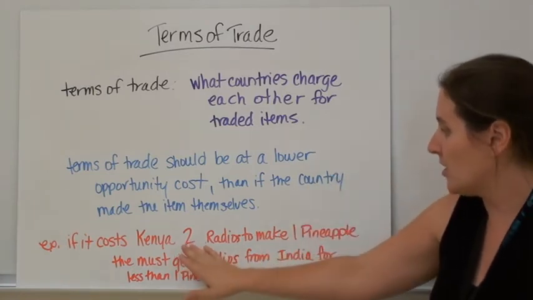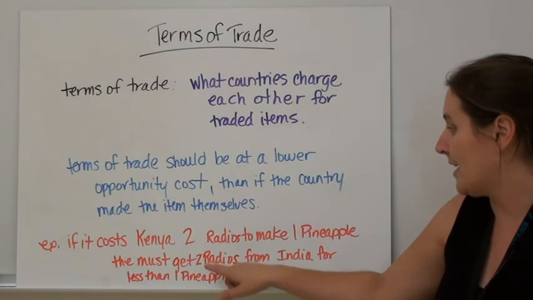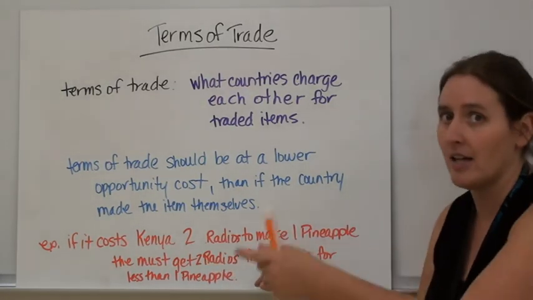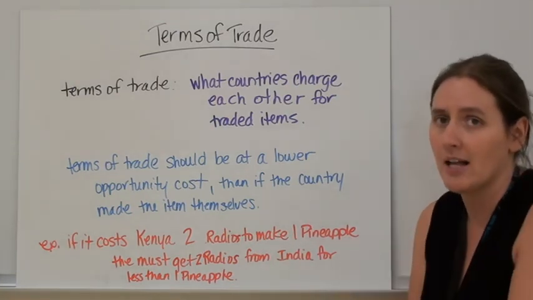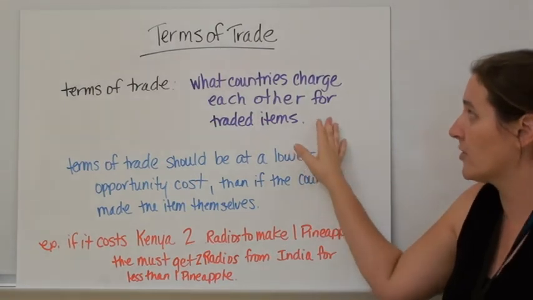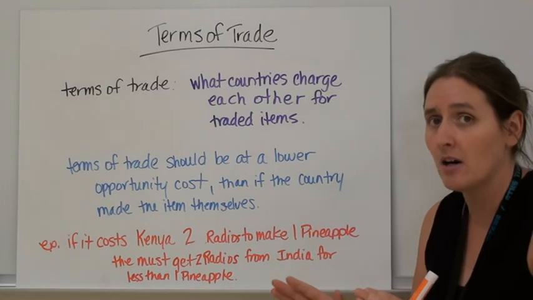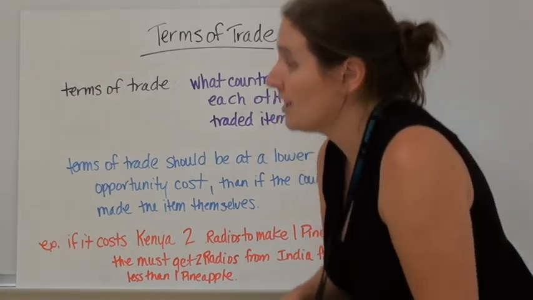If it costs Kenya 2 radios to make a pineapple, then when they get radios from India, they need to make sure that they're giving less than 1 pineapple to India, that it's costing them less, okay? Terms of trade, what countries charge each other for traded items, and if you're going to trade, you need to make sure, whatever the terms are, that it's less than your current opportunity cost. That's it.